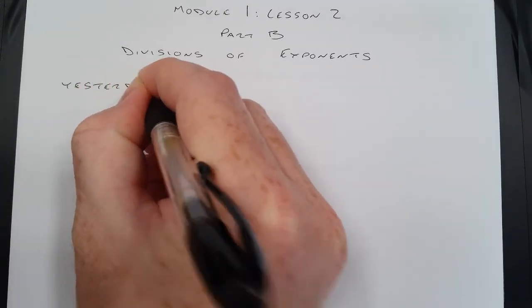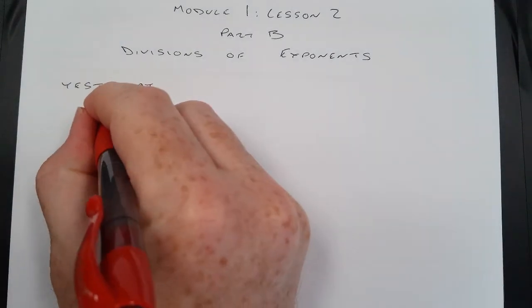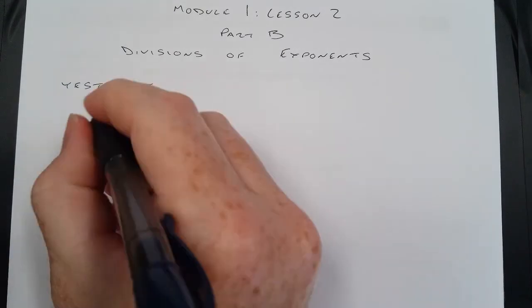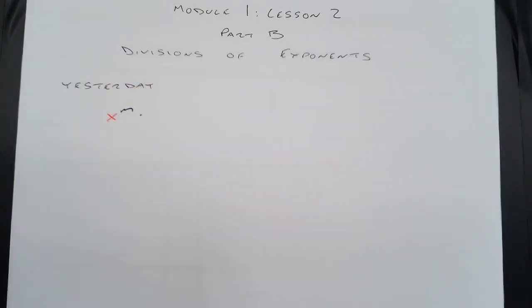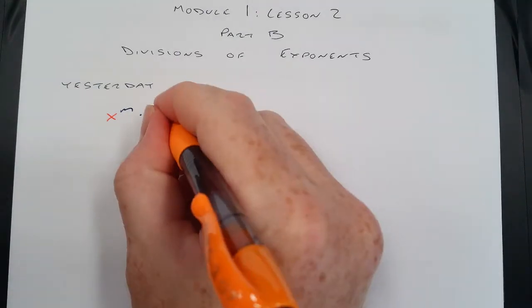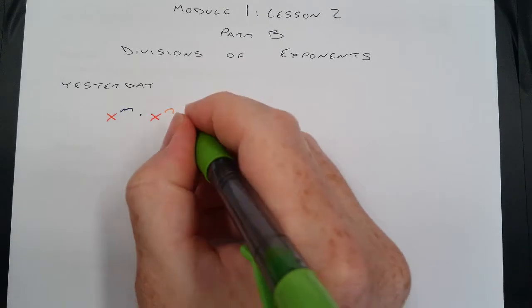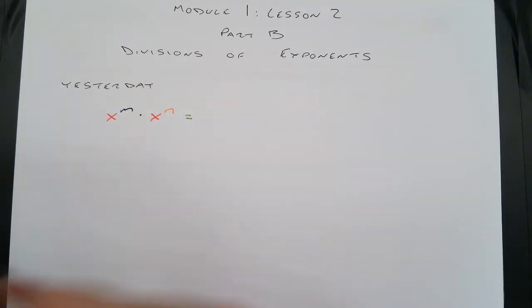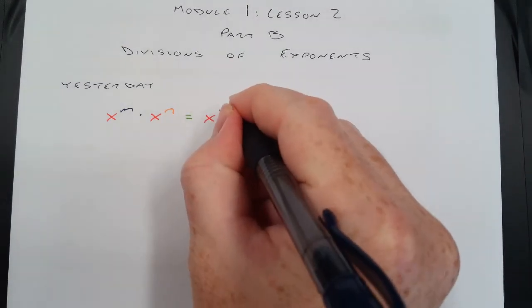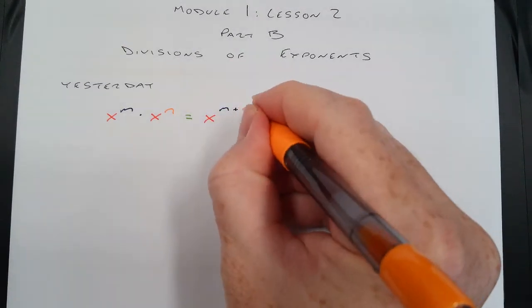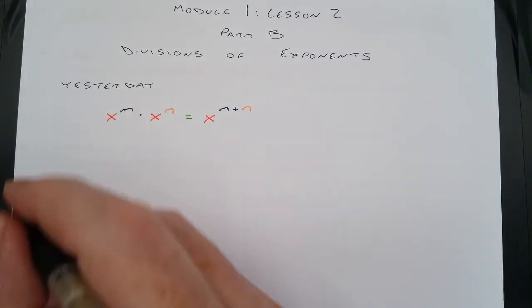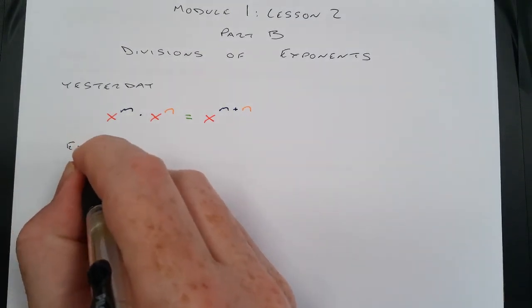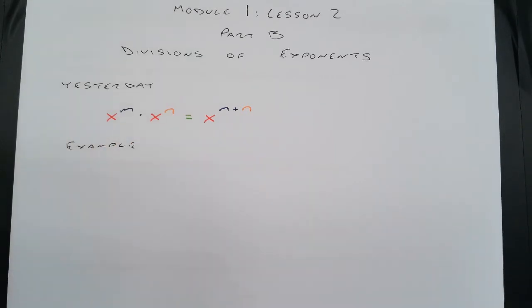So let's look a little bit at what the rule we did yesterday was. Yesterday, just to remind you, the rule we came up with looked like this. x to the m times x to the n equals x to the m plus n. As an example, we could look at this.